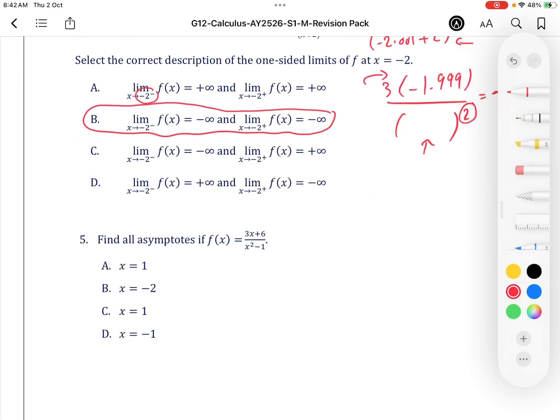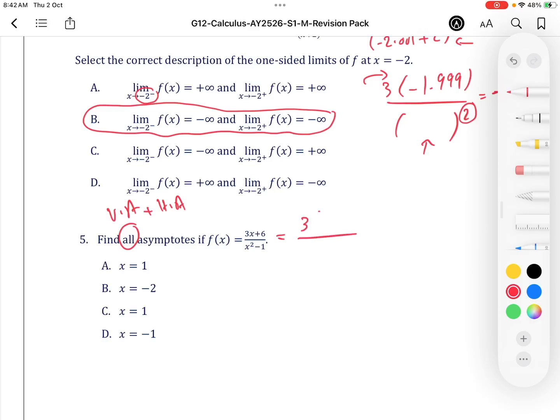Number 5, find all the asymptotes. All means vertical and horizontal asymptotes. First, we cannot decide before we do factoring.